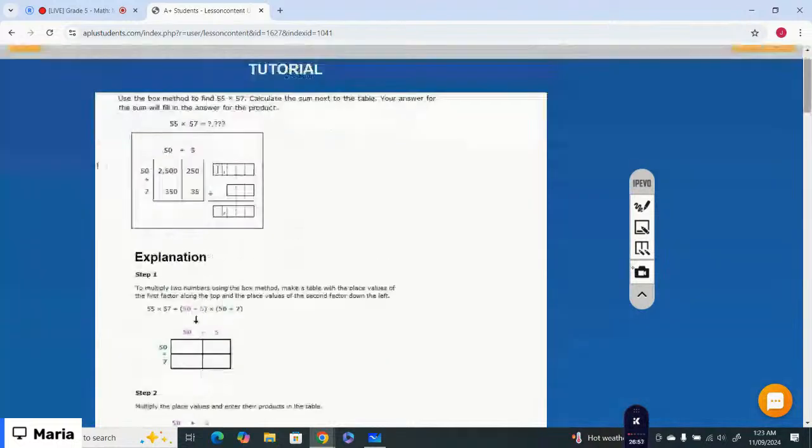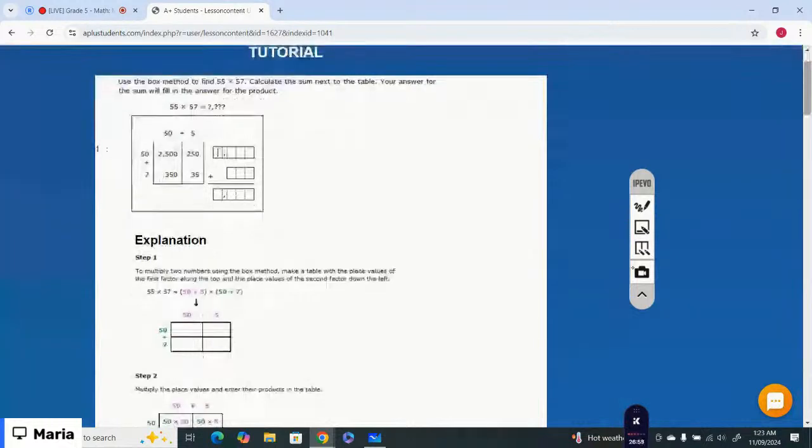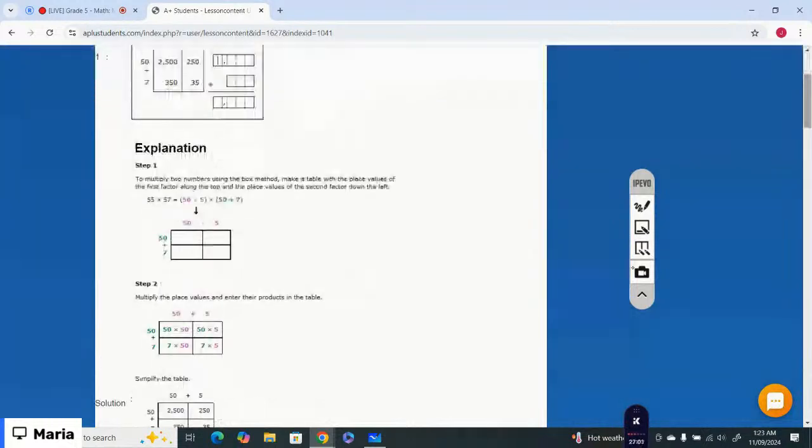You have 55 times 57, right? So you need to write them. You have to make a table with the place values of the first factor along the top and the place values of the second factor down the left, right?